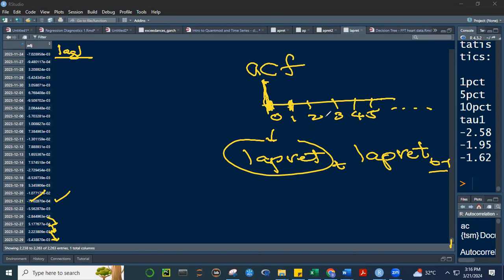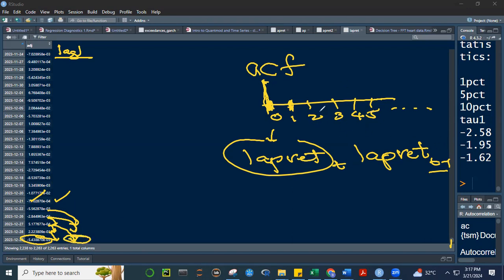Same thing, class, for the correlation at lag 2. So lag 2 is 1, 2. This will now go here, this will go here, this will go here. So there will be two lags. I now get the correlation between the original data and my lag 2.